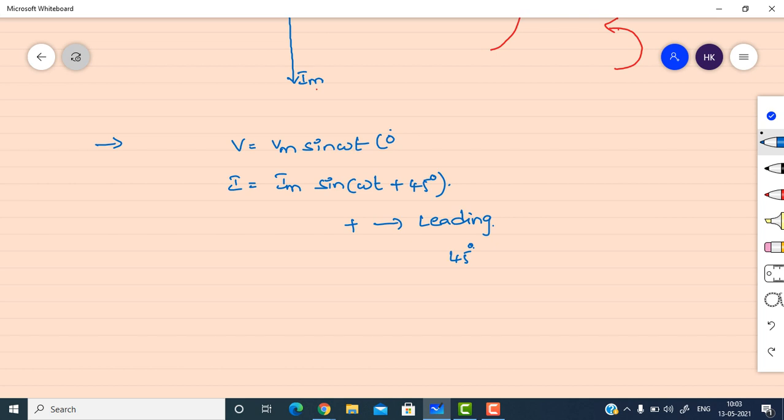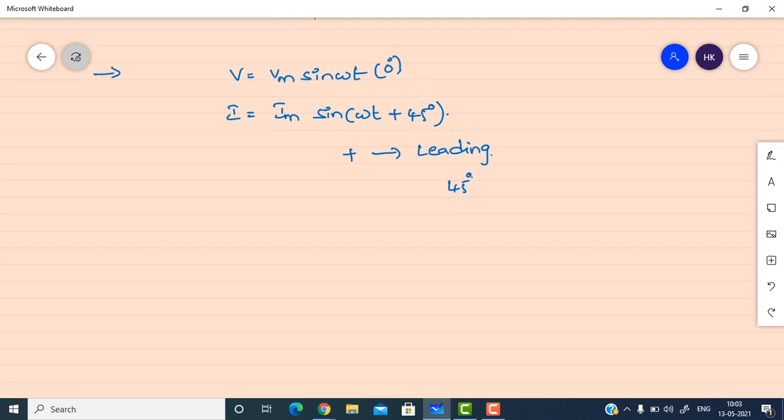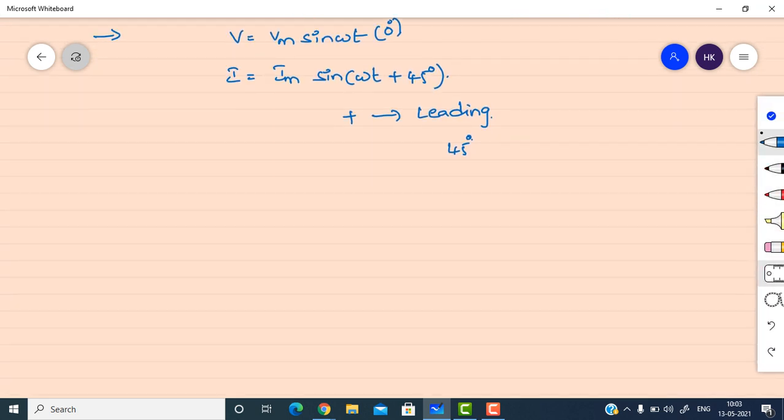Because voltage is at 0 degrees, current is at 45. So I will take the voltage phasor as the reference phasor. This is Vm. Current leading means you have to draw ahead of this voltage phasor and the angle is 45 degrees. This is Im. So this is the phasor diagram for these two equations.